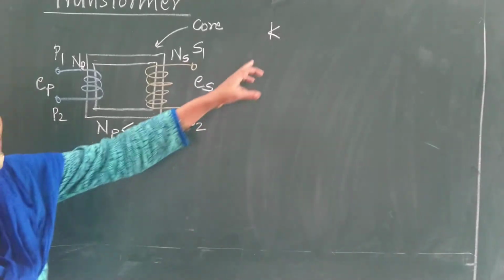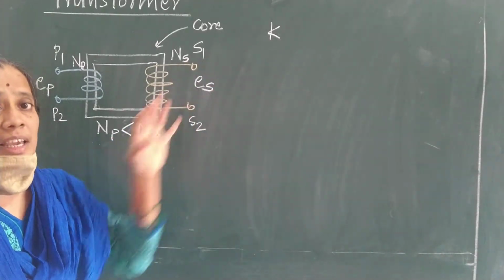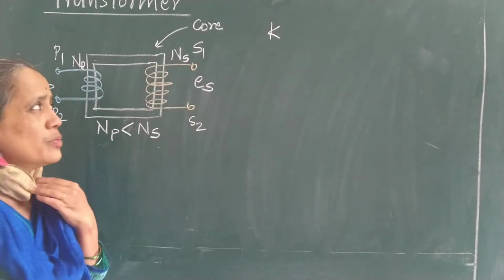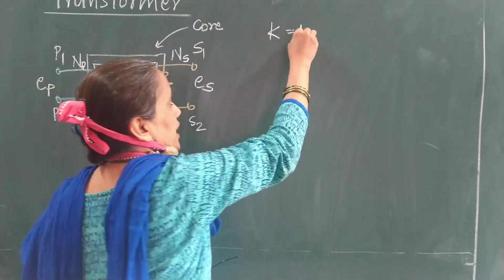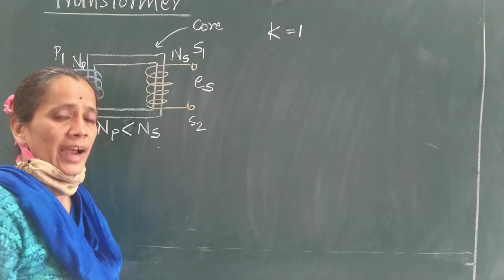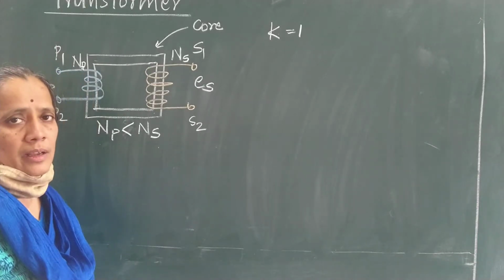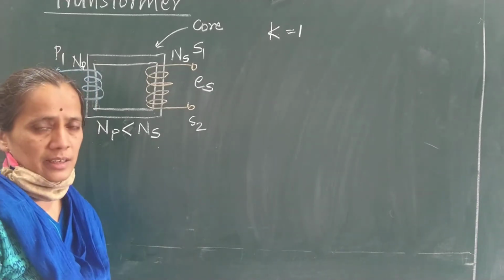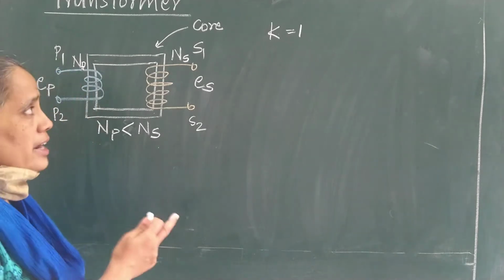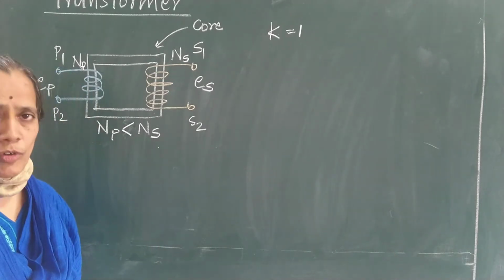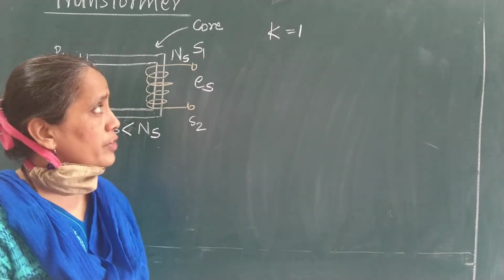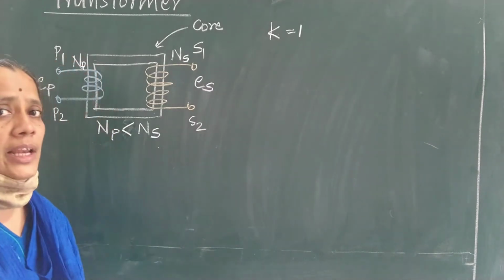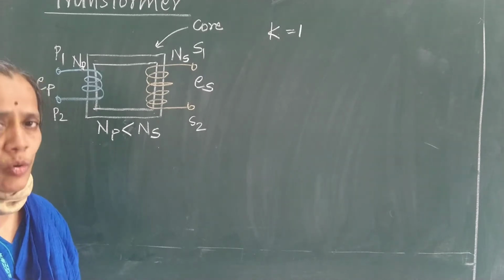We have seen the cases when K is maximum and when K is minimum, and if the K value is equal to 1, it is called perfect coupling, and perfect coupling is possible only in the ideal case. And what is that ideal case we have considered? The ideal case is nothing but the transformer, and K will be 1 if your coils are wound on the same core.